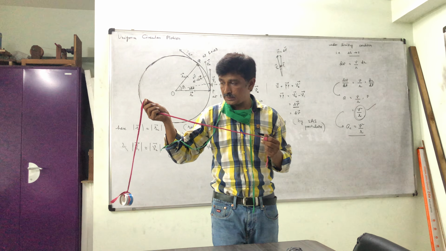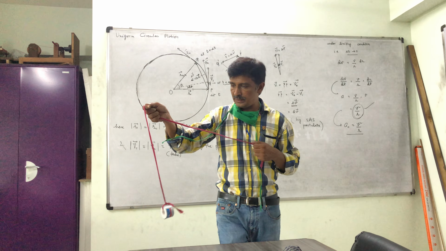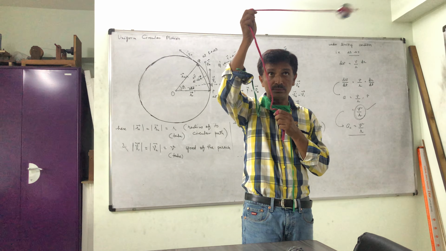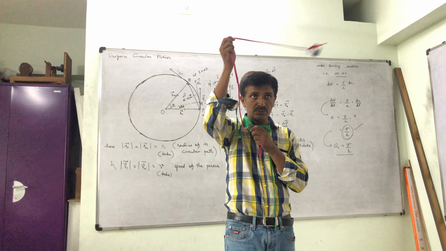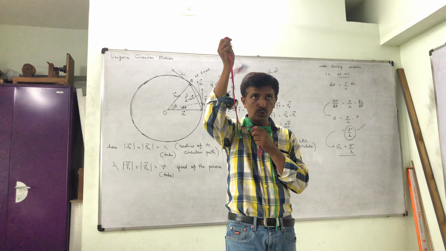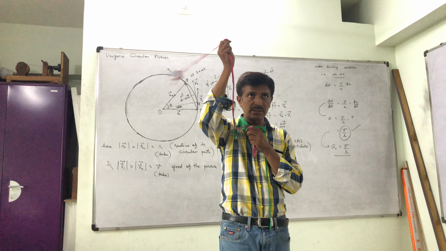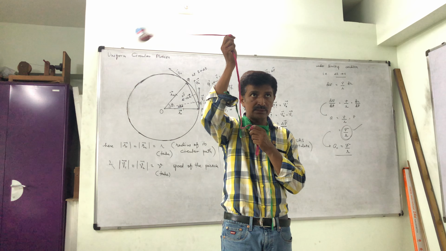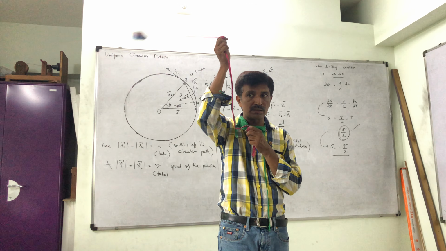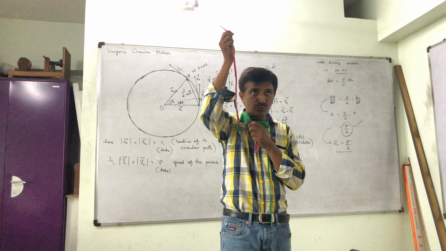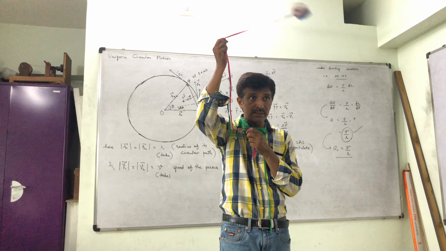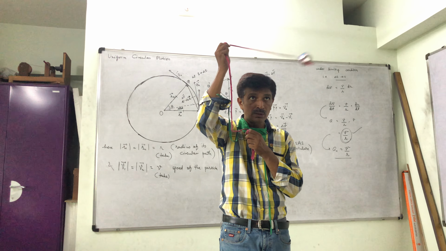So for this, observe my position and effort this way. Suppose the speed is constant at 20 centimeter per second, but I want to increase it to another level, say 30. So for this, I have to displace my force not towards the center. See this.